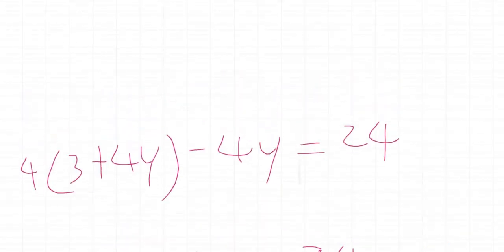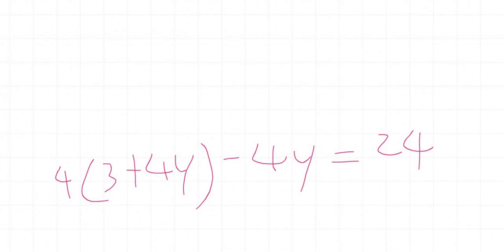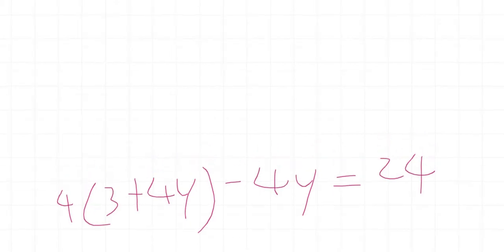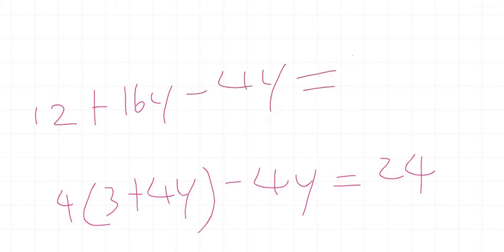So we will distribute the 4 to each term in the bracket. So 4 times 3 gives us 12. 4 times 4y gives us 16y, minus 4y equal to 24.